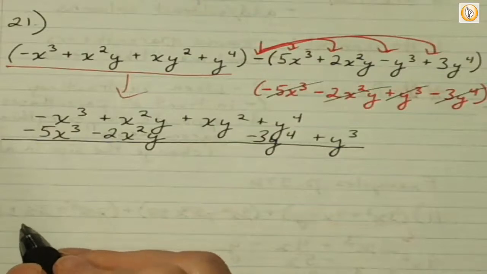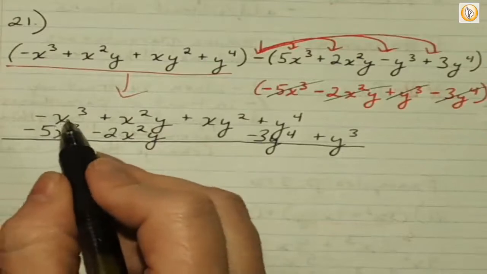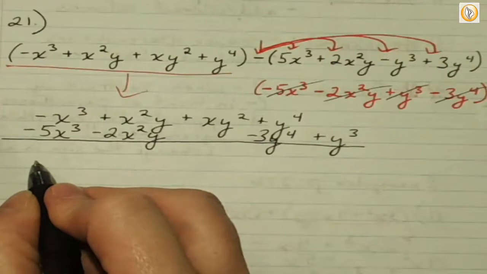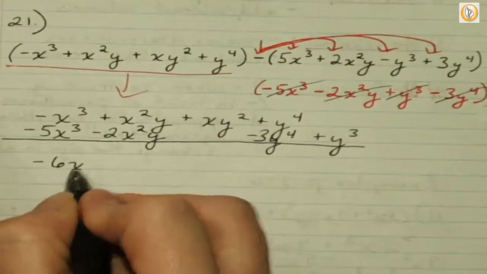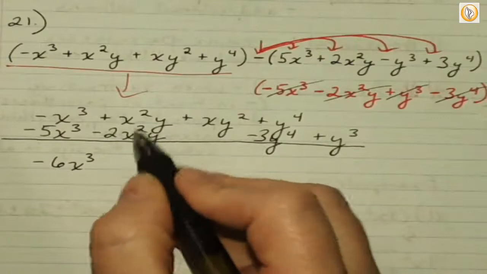So, let's see. What is negative x cubed and negative 5x cubed? Negative 6x cubed. What would this be?